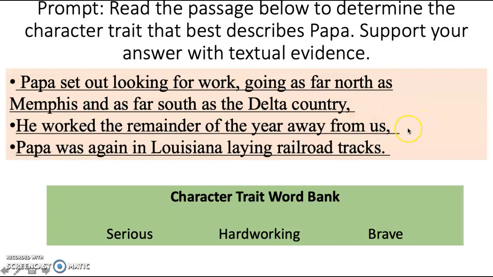I also underlined he worked the remainder of the year away from us, and Papa was again in Louisiana laying railroad tracks. So I have to think, which character trait best describes Papa? Does this show he's serious, hardworking, or brave? I'm going to go with hardworking. It sounds like he works all year long, doesn't take a break, and he has to be away from his family.